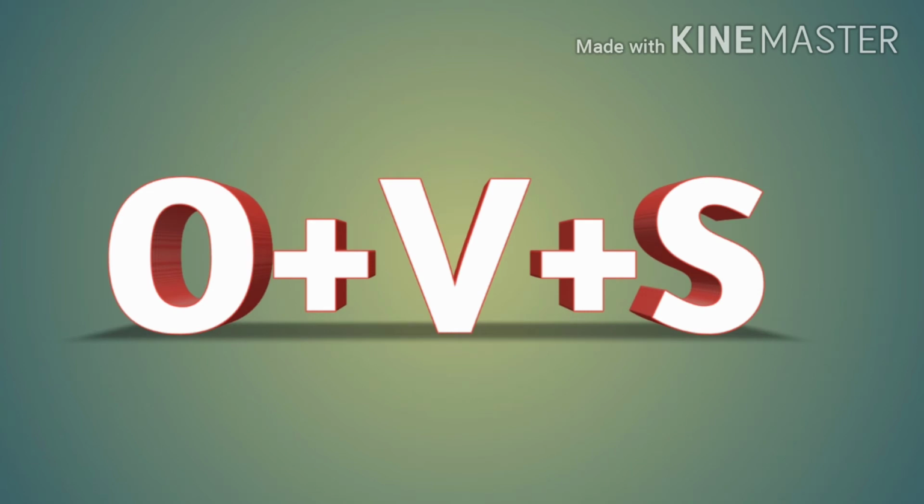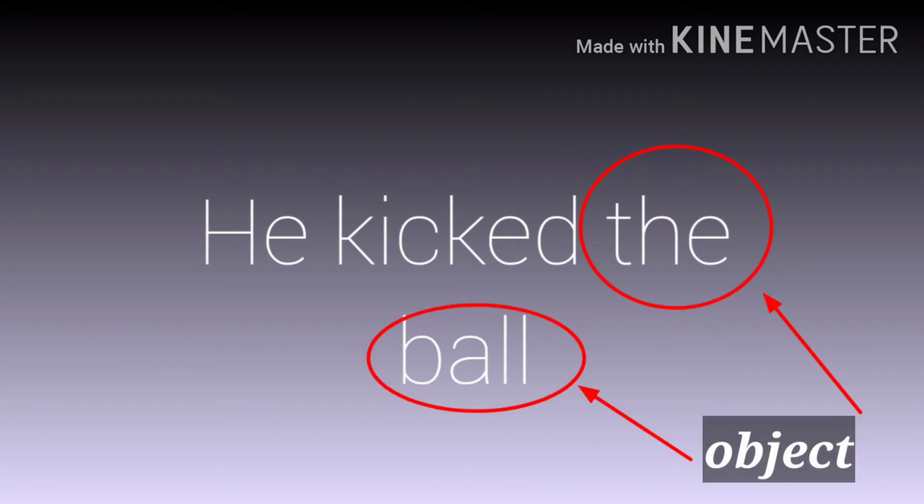To understand this better, let us take the same example as we had taken for our active voice sentence. The example is, he kicked the ball. The first thing that we have to do here is identify the object of this sentence. Which is the object? The ball, right? The ball being the object, we will now bring it to the first position.